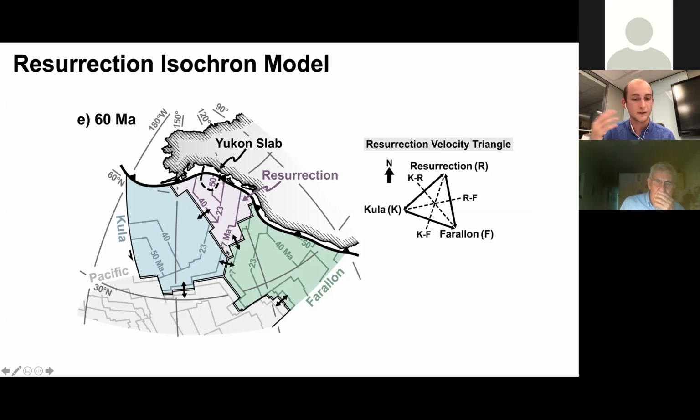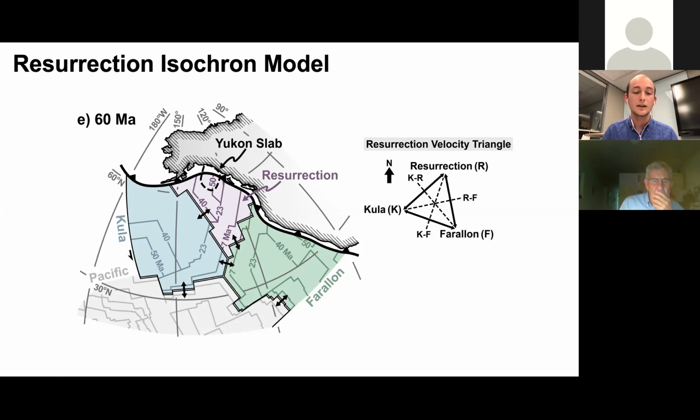We just take a very simple configuration, a very simple equal area, equal angle triple junction between them. And then that, in combination with these pinned ridge-trench intersection points, defines very well the geometry of these two respective mid-ocean ridges.